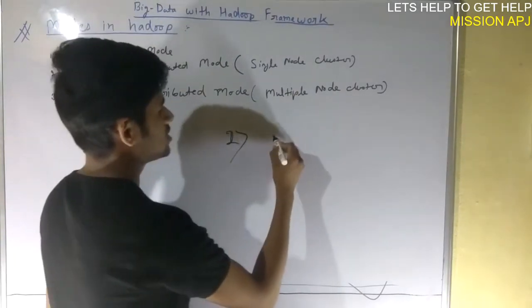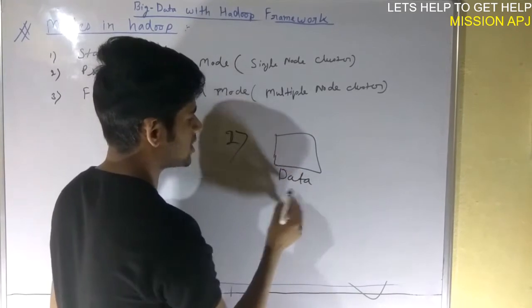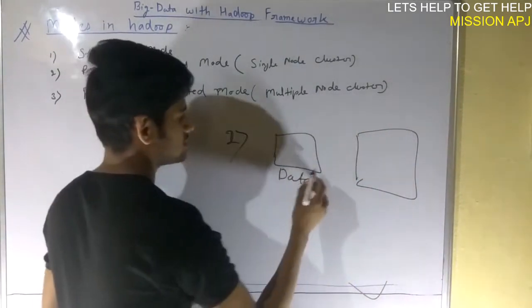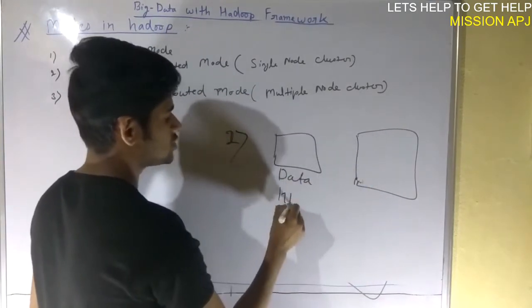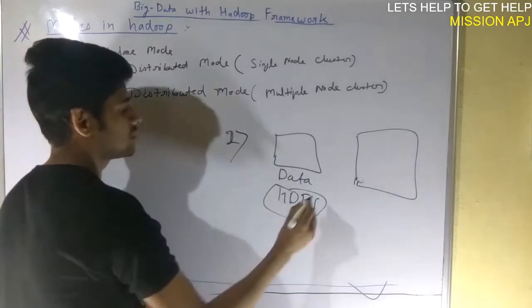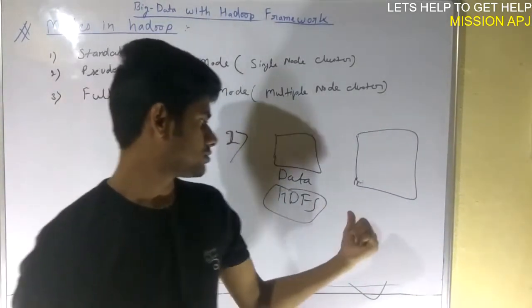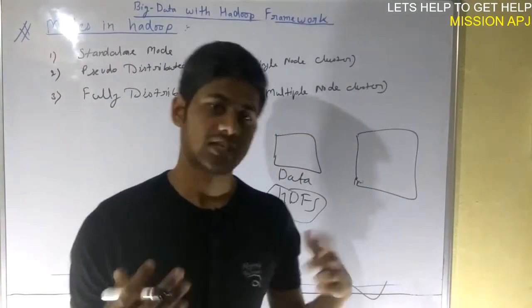In this case, data is kept somewhere. Suppose in a data center you have kept your data, and there is another single machine. Here HDFS is used. So you are using your data center for storing the data. There is a system with HDFS, in which your data is kept.